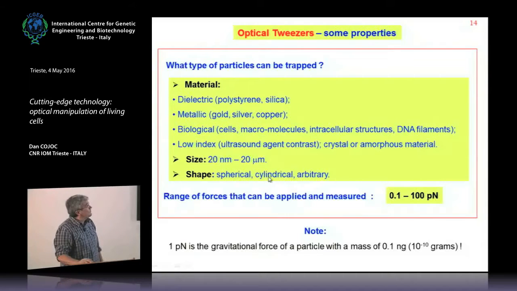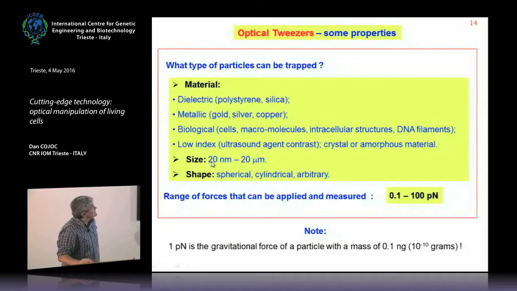As shape, also spherical, cylindrical, arbitrary. Now, do not think that all of these types can be manipulated as easily, so it's not the same. Some are more difficult, we need some tricks, but in principle, you can manipulate all of these.